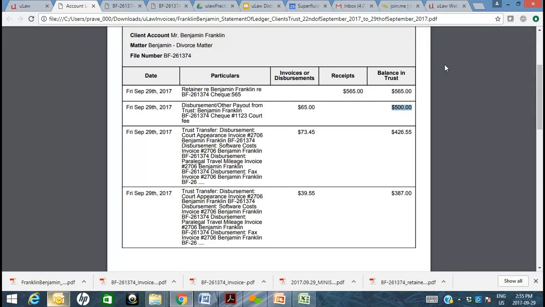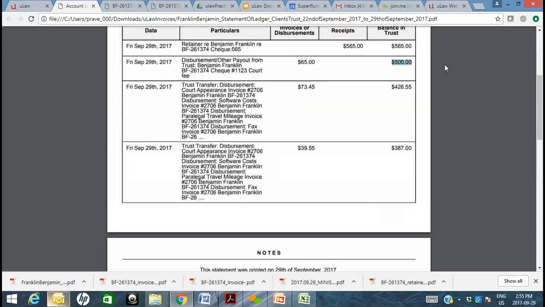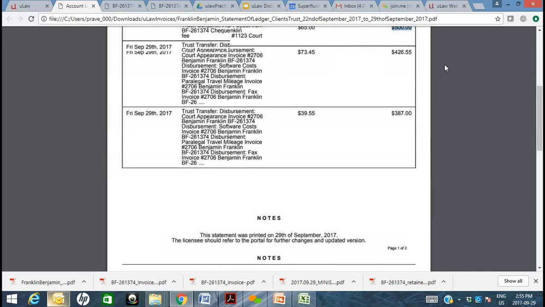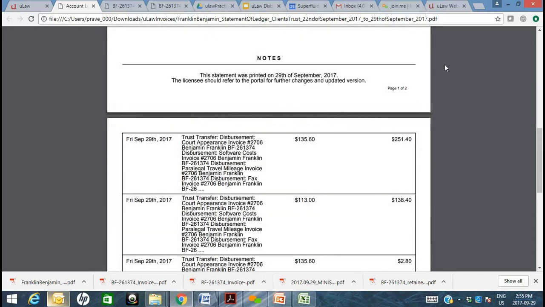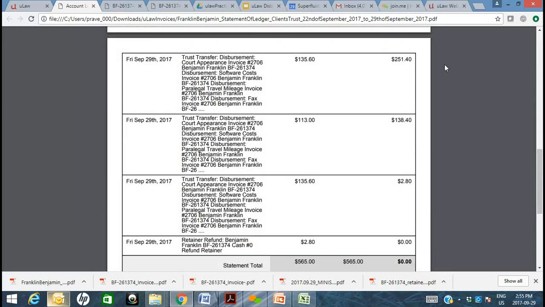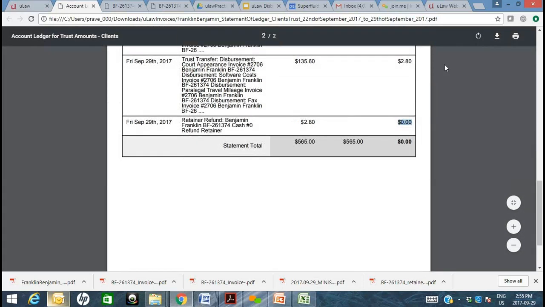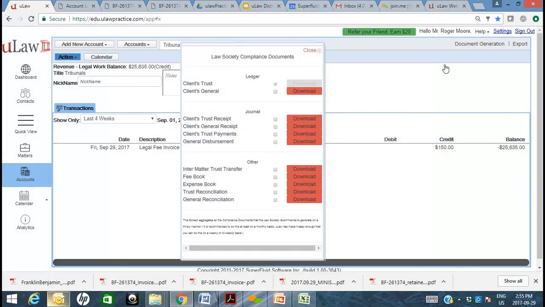You had another expense, software costs. Okay. So after the invoice was paid off, you actually refunded the $2.80, now making the running balance 0. Okay? Pretty straightforward. 565 in and 565 out.